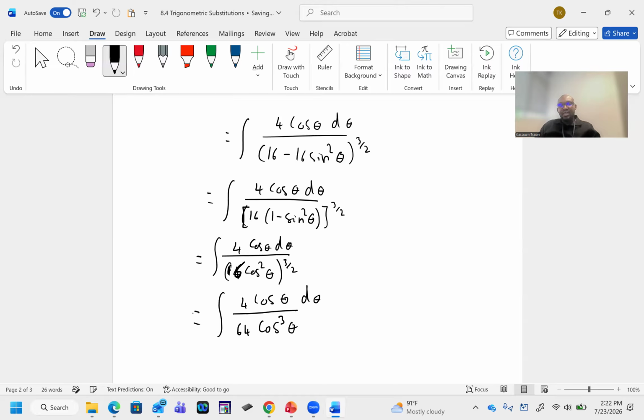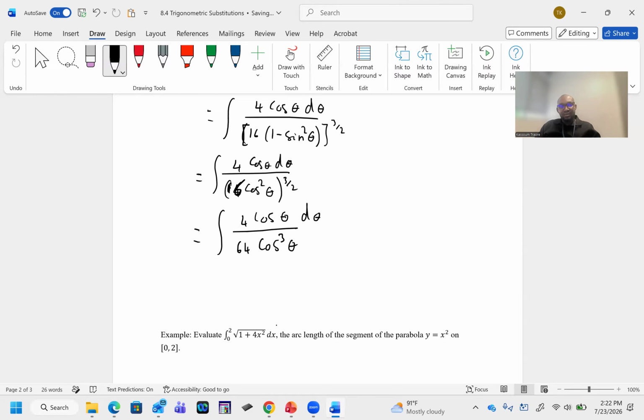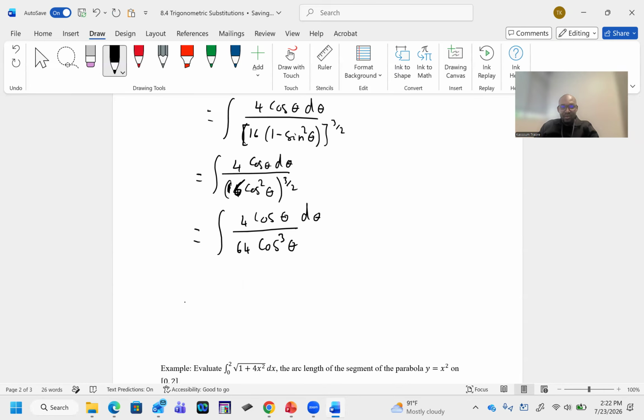So by simplifying this one, we will get 4 divided by 64, which is 1 over 16. So let me simplify that. 1 over 16 integral of cosine theta over cosine cubed theta would be 1 divided by cosine squared theta d theta.